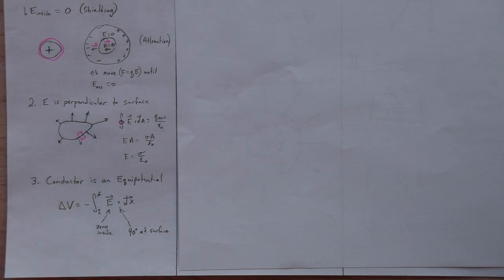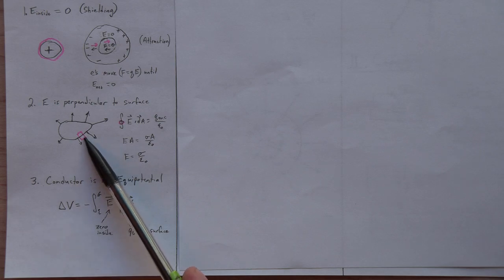This is just using Gauss's law to show that you could find the charge density at any point along a conductor if you knew the electric field.